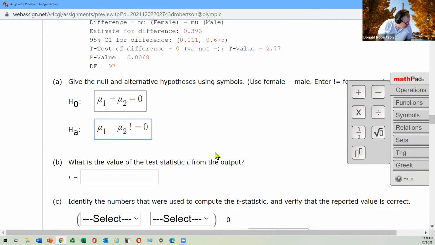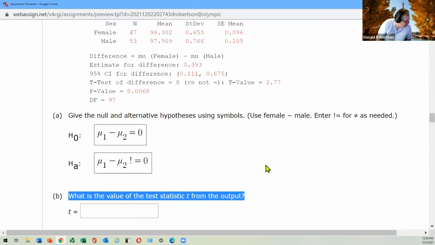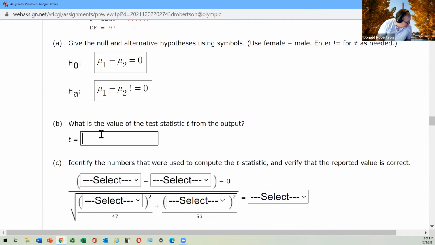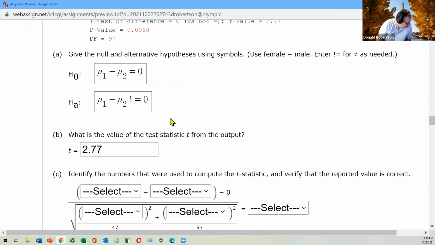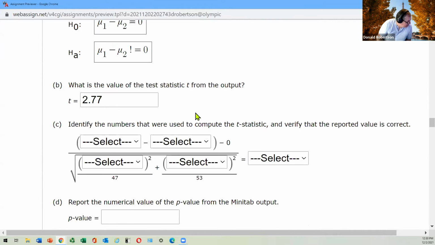Now, it says, part B then, what is the value of this test statistic? Can you see it there? So it's this fella. Now it says identify the numbers used to compute this guy. So we are looking at the first fella, which is the females, 98.302.